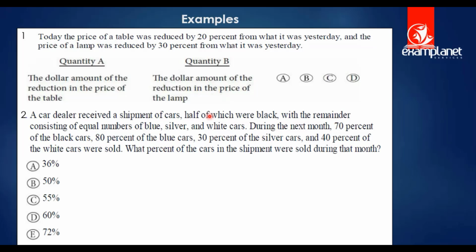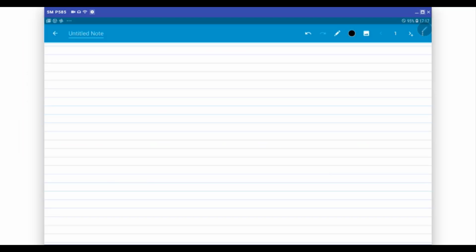All right, so our total number of cars shipped, let's put it that way, shipped, that is 120. We're assuming 120. Now, the question says half of which were black.